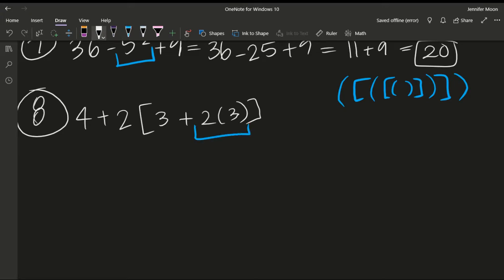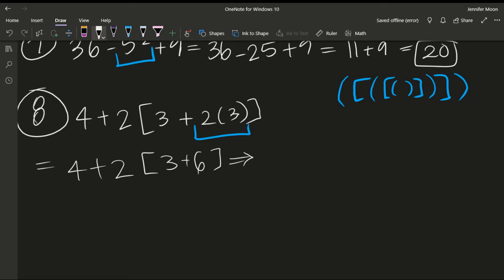I'm going to work down on this problem since I've done that right there, okay? So I have 4 plus 2 bracket 3. Now look, 2 times 3 is 6. Signs are the same, so it's positive. And then if you go to the right here, I have my parentheses still, right? Technically they're brackets, doesn't matter. Because there's only now one set of something, you can just start writing them as parentheses.